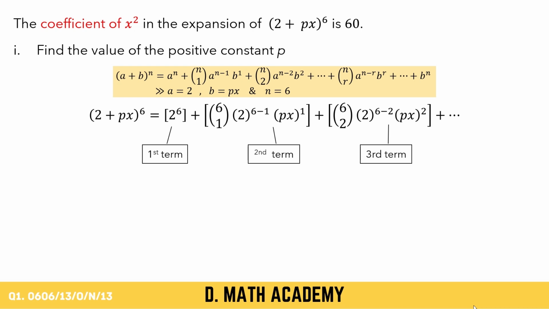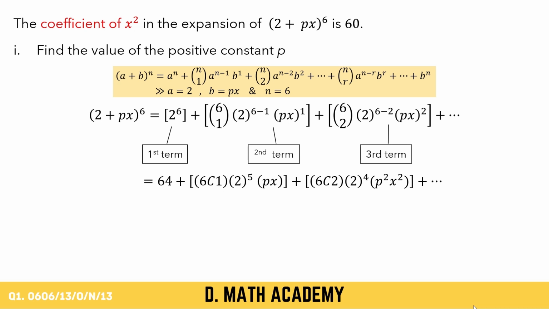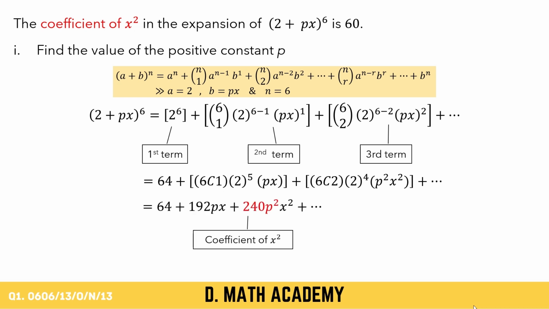By utilizing this, 6C2 times 2 to the power of 4 times p squared x squared, I will get the result of 240p squared x squared. So this coefficient here is actually 240p squared.